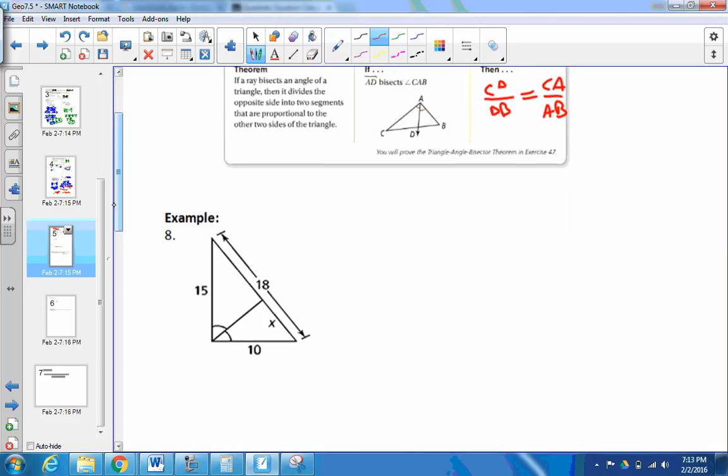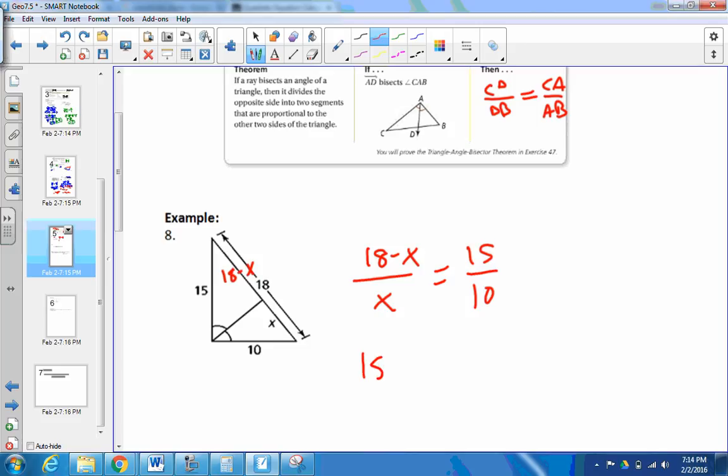So if we look at this triangle right here, let's use that. We have a line that's an angle bisector. So we know one is x, and this would be 18 minus x. But CD, we'll use 18 minus x is to x as 15 is to 10. And you can solve your proportion.